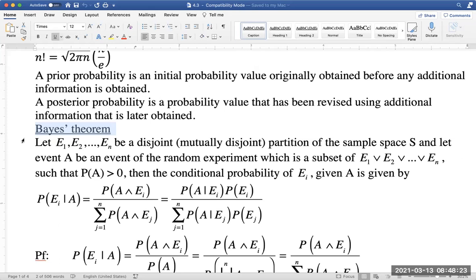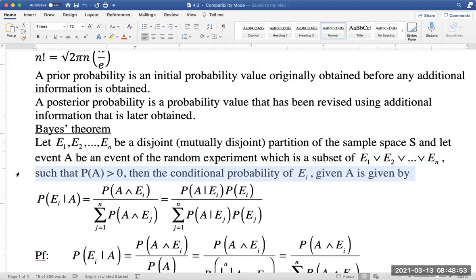So let E1, E2, ..., En be a mutually disjoint partition of the sample space, and let event A be an event of some random experiment, which is a subset of E1 union E2 union ... union En, such that the probability of A is greater than 0.